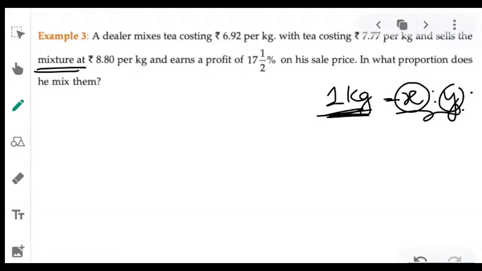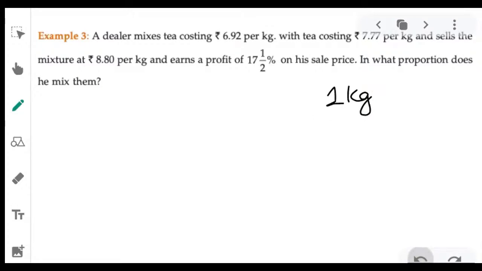Right? Does that make sense? This is what he's asking me for. So the proportion that I need to find is x is to y, some unknown.